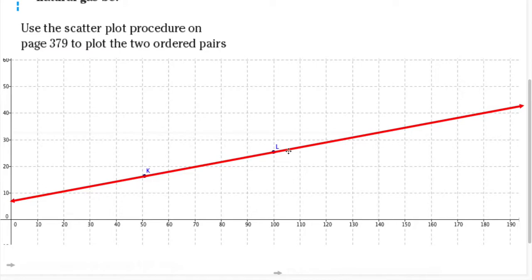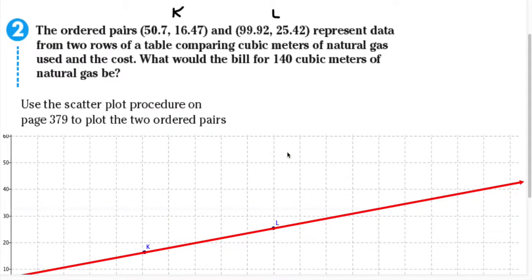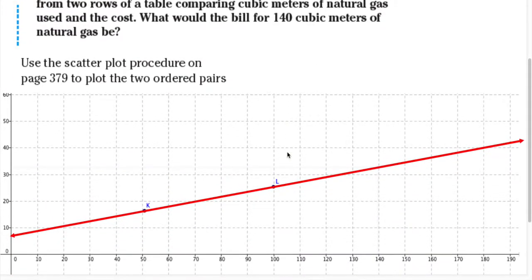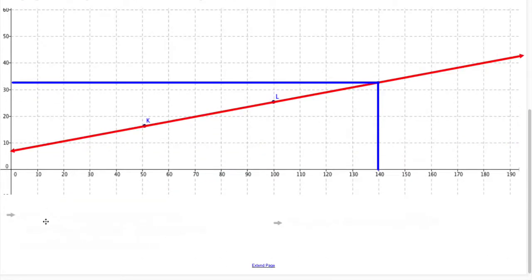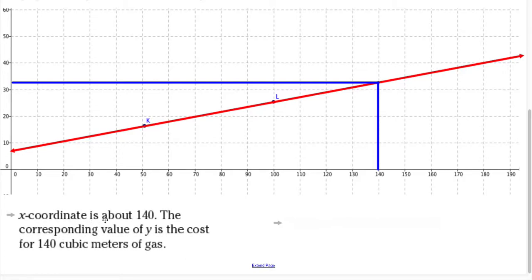Now we have a straight line, and we can estimate 140 cubic meters of natural gas, which is around here. If we look at the vertical axis, where that would be, the x-coordinate is about 140. The corresponding value of y is the cost of 140 cubic meters of gas, and that would be around $32.80.